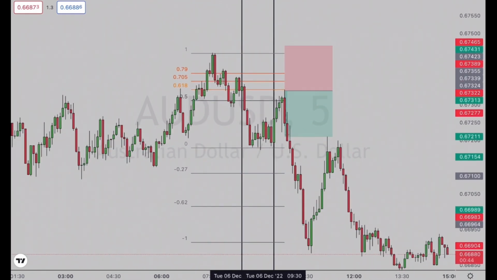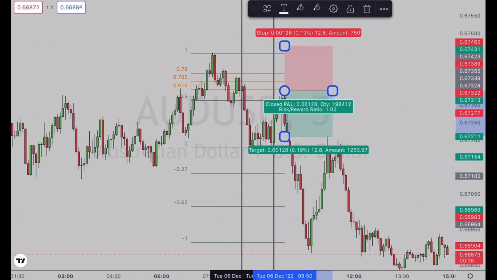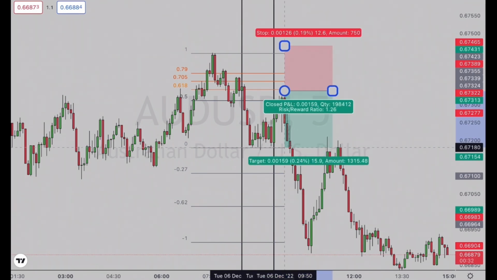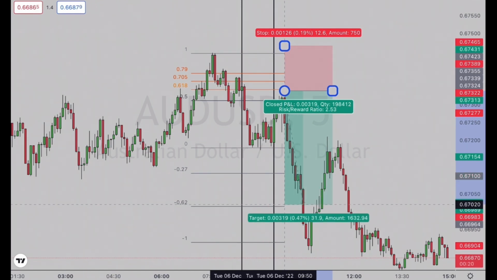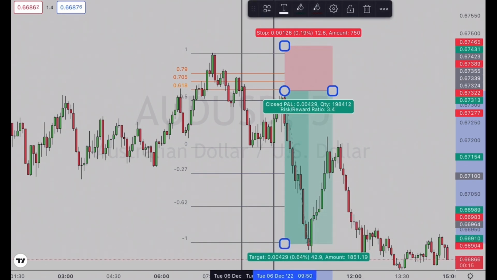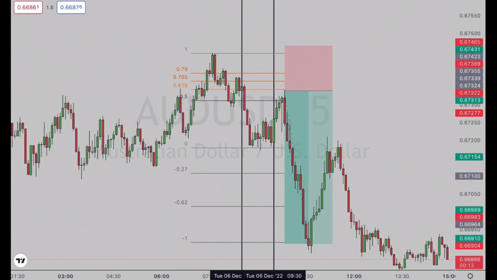Okay, so right away price touches the 0.618 level, and that is our entry always. Our first scaling will be at the last low, our second scaling will be at the 0.27 level, our third scaling will be at the 0.62 level, and our fourth scaling will be at the -1 level.